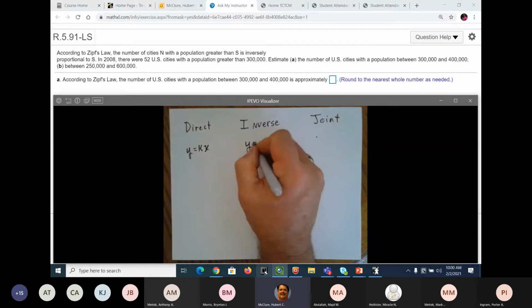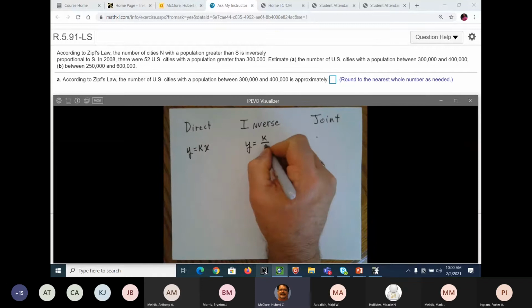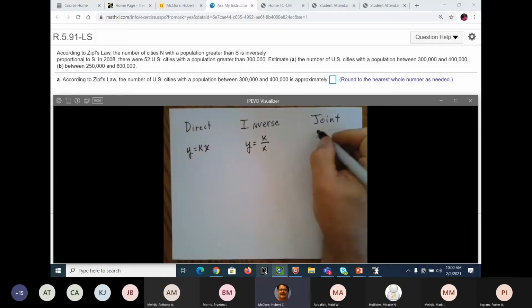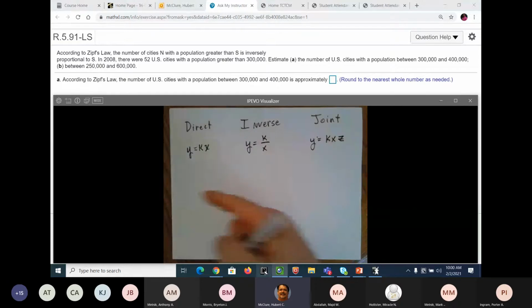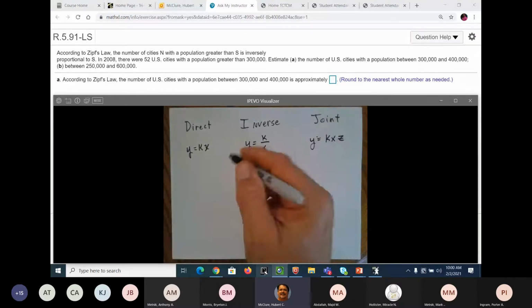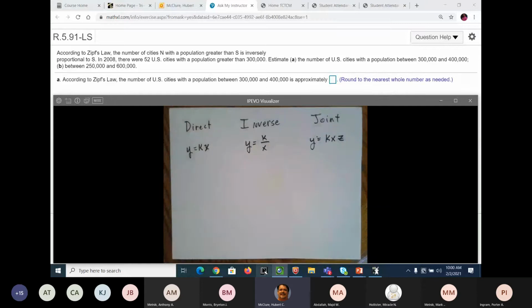Inverse, y equals k over x. And joint is y equals kx, and you can do a z or w. I'm going to do z. Those are your three basic variations.